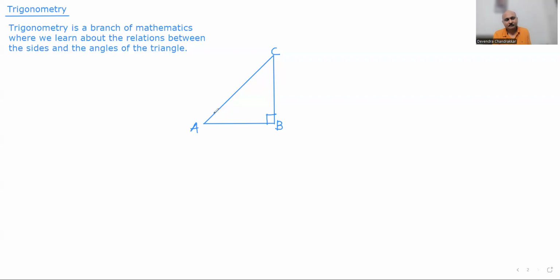Let's take this angle. This angle is, let's say, theta. Theta is a Greek alphabet, and we are using it as a symbol, right?